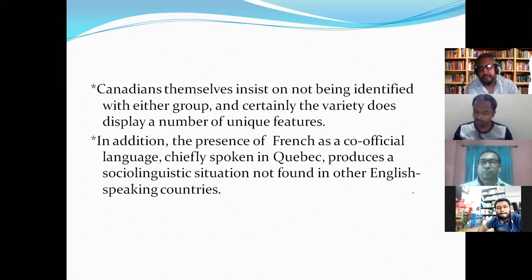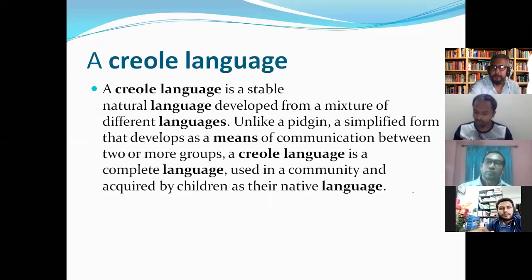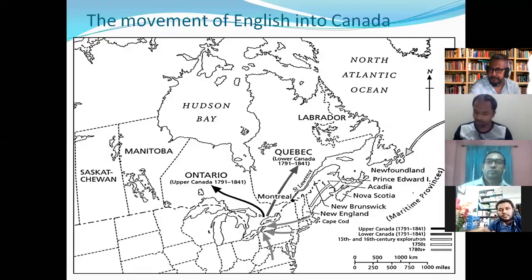After that, another navigator and explorer, Jacques Cartier, started his journey from France and went to Canada. And they had been living over there. And not only the people from Britain and France, but the Indian people had been living in Canada.